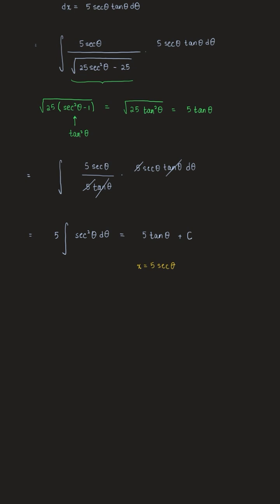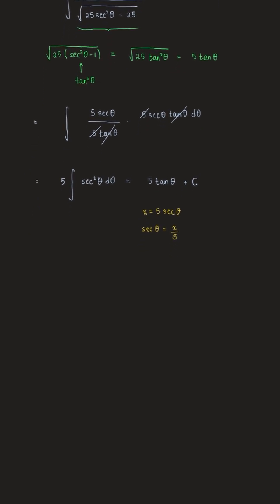And that tells us the relationship between x and theta. So if I divide both sides by 5, secant theta is x over 5. And we know that in a right triangle, secant is the reciprocal of cosine, so it's the ratio of the hypotenuse to the adjacent side.